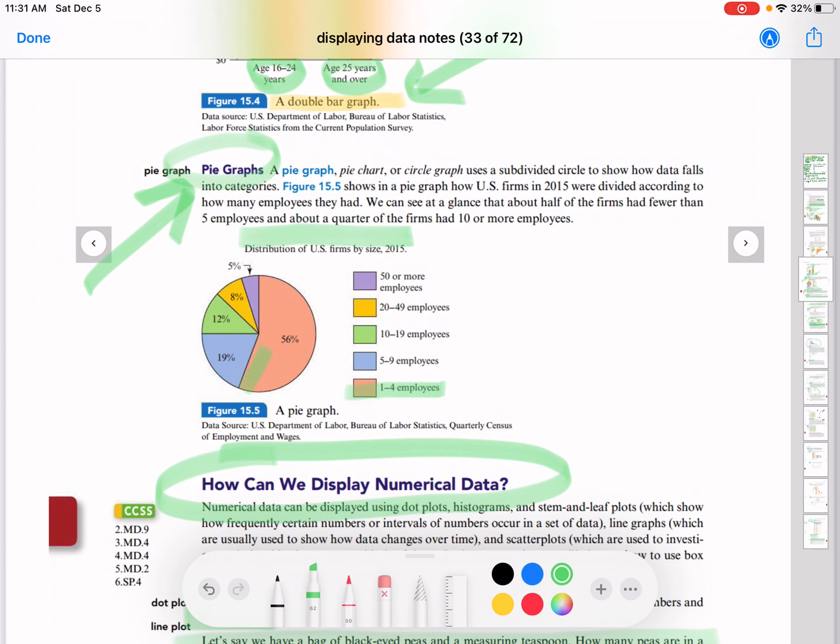And 56% of firms had 1 to 4 employees, and so they would shade in 56% of that circle, or more than half of it. This shows that the blue is firms with 5 to 9 employees, and 19% had that many. And so 50 or more employees is purple, and we can see that only 5% of the U.S. firms met that category. So pie graphs, very common.